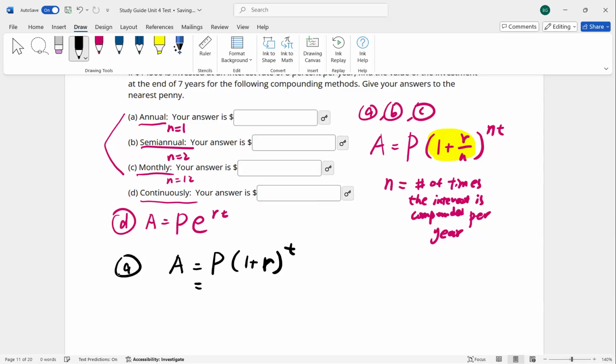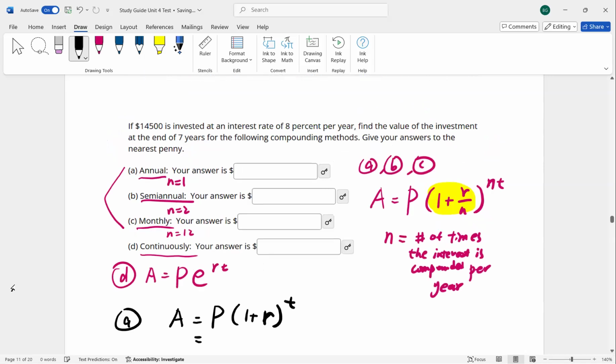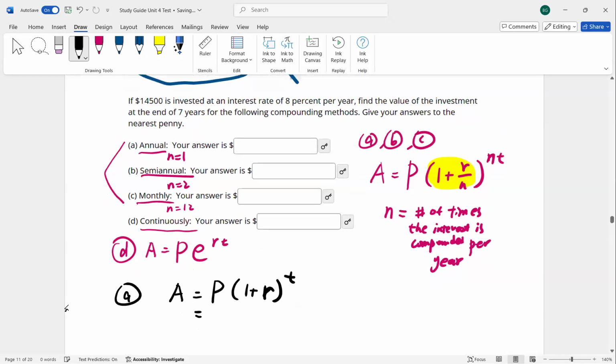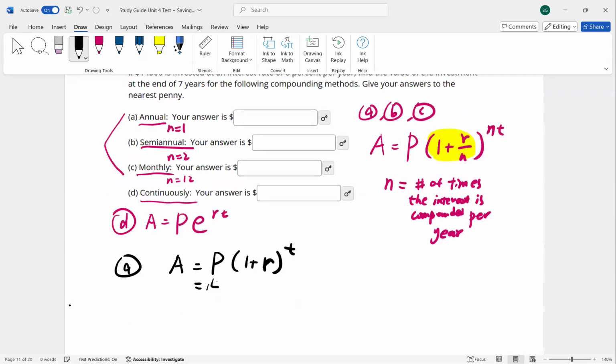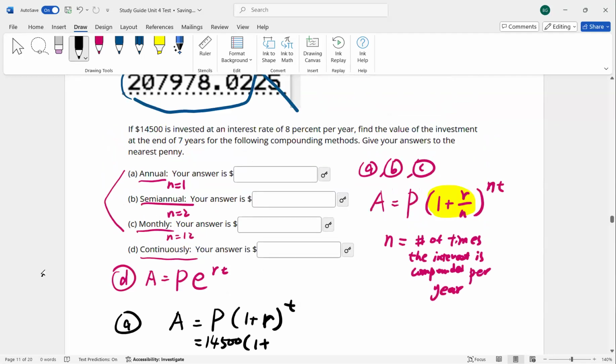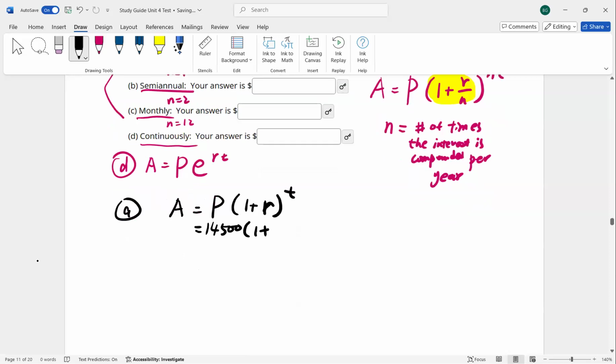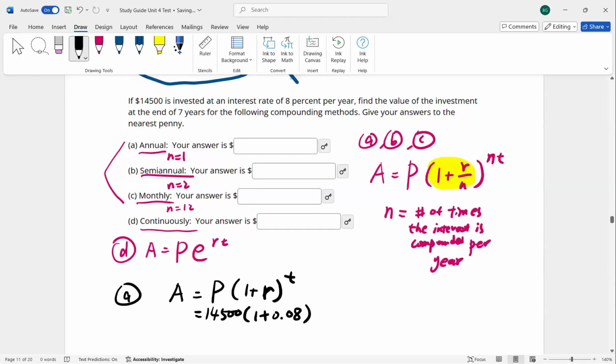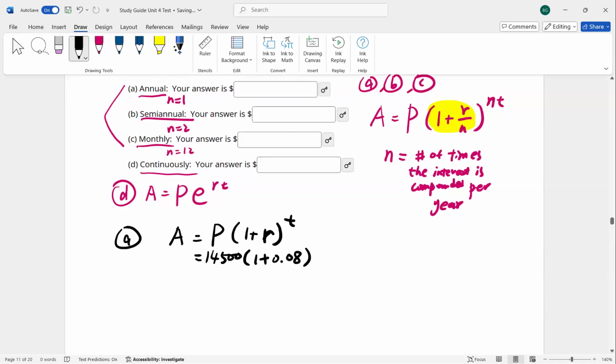P is given, the principal is 14,500. 1 plus the annual interest rate, 8%, which is 0.08, to the power of t. t is 7 years. You just need to enter this in the calculator. I think you can do it yourself.